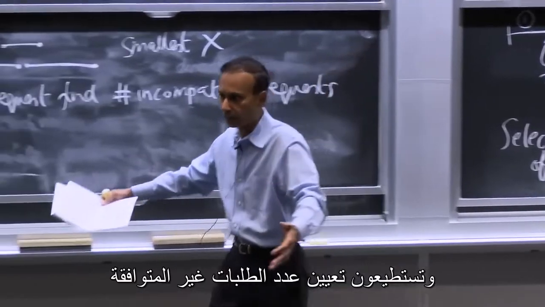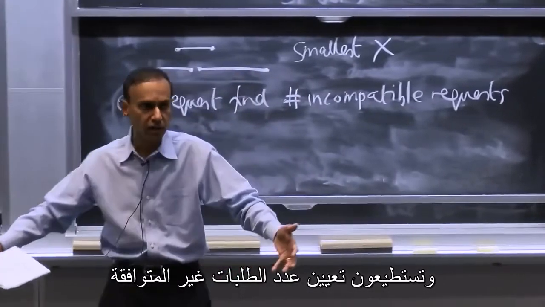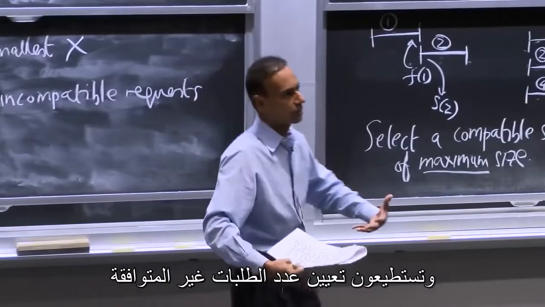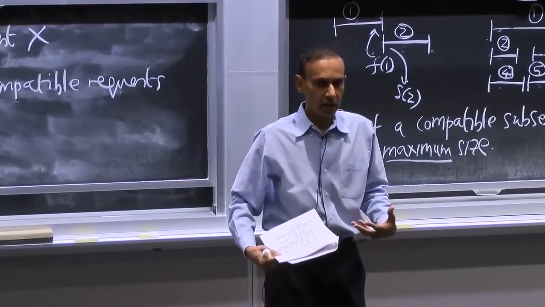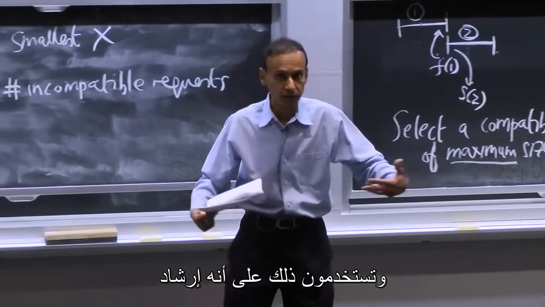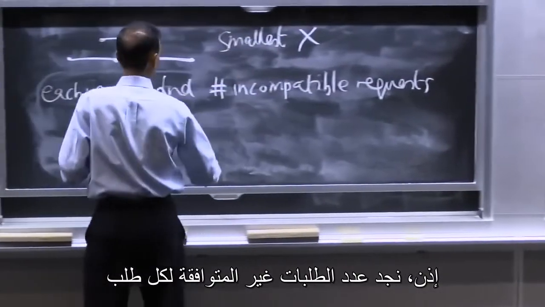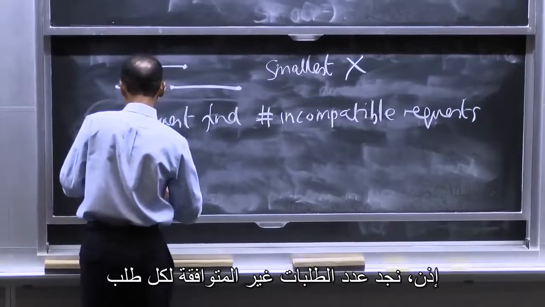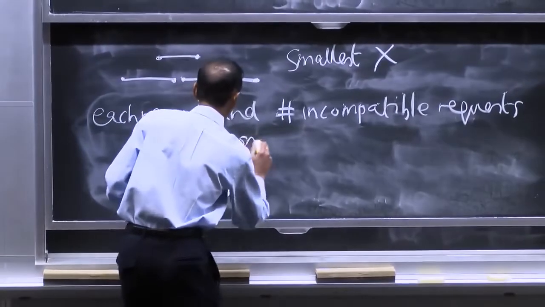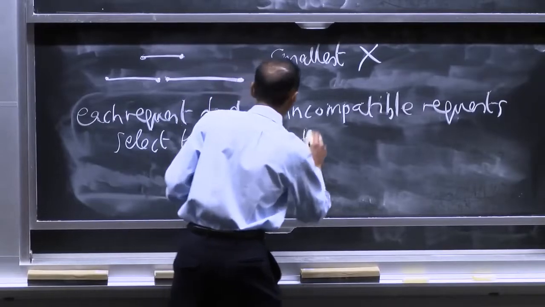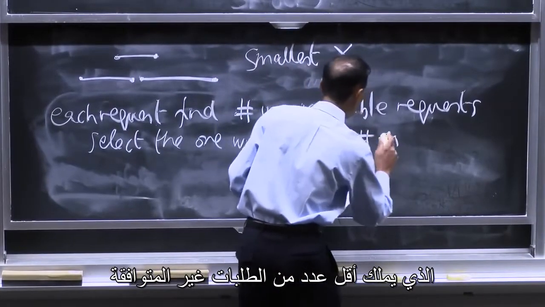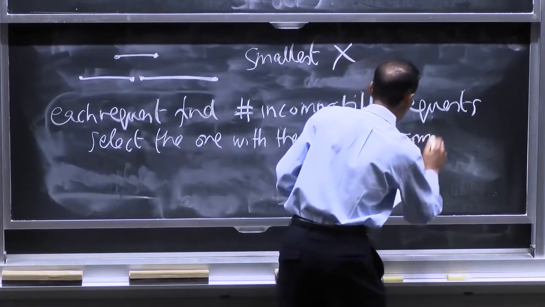And you can collect together numbers associated with how many incompatible requests a particular request has. And you say, well, let me use that as a heuristic, right? So for each request, find the number of incompatible requests, and select the one with the minimum number of incompatibles, right?